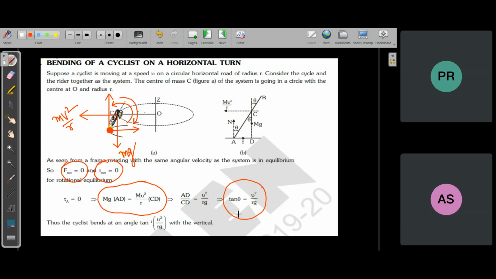So you can see the cyclist can bend only up to this angle for a given speed. If he bends his cycle by some greater angle, suddenly the torque due to mg will increase and become more than the torque due to mv square by r, and then the cycle will rotate and fall.